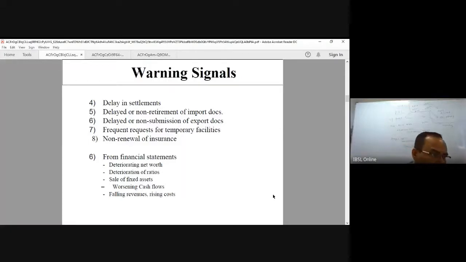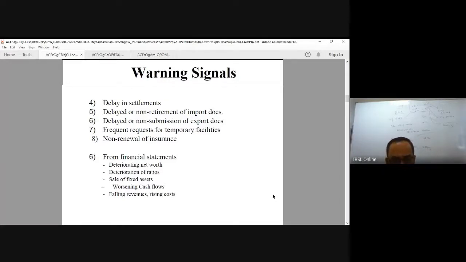Your interest coverage ratio, your capital turnover ratio, asset turnover ratio, you find deterioration, right? There is a systematic deterioration of these, and that's an indication, right?